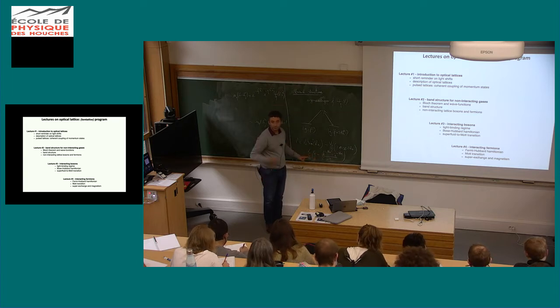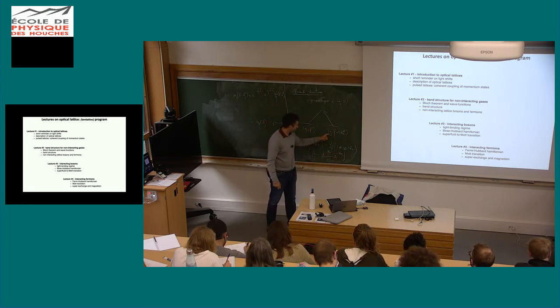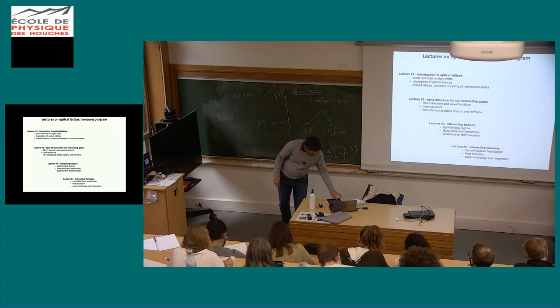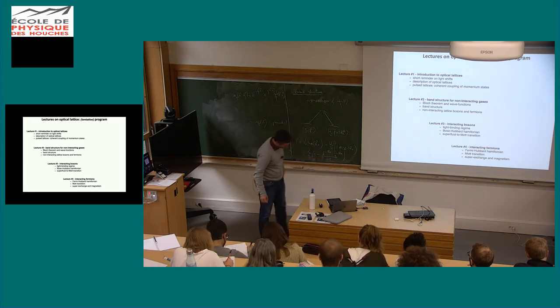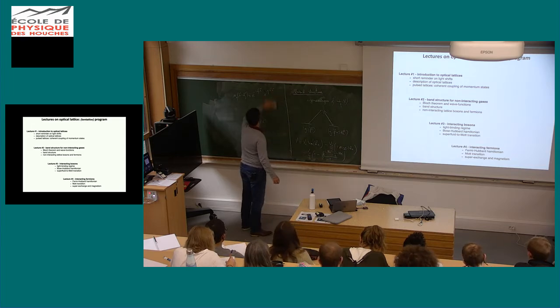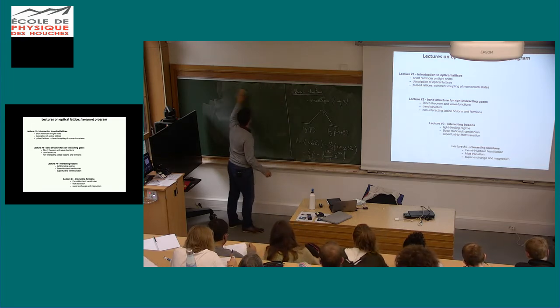I'm just emphasizing the fact that in the lattice potential, in the interaction, I have these two terms that relate to getting 2ħk or minus 2ħk. And you will see now why I'm doing that, in a second.